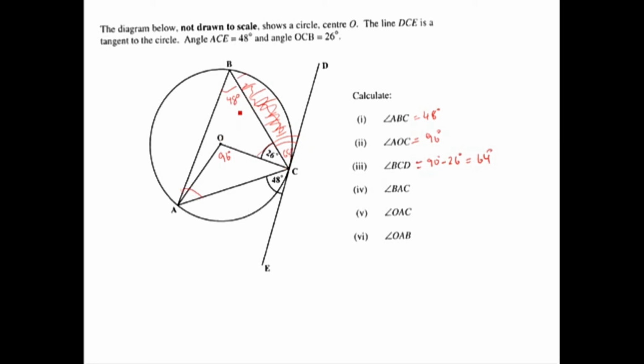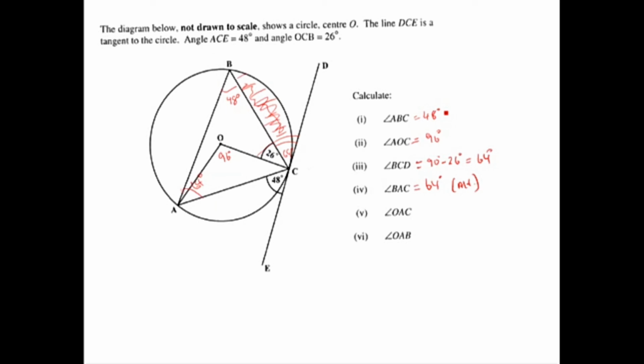So the angle that this chord subtends in the major segment is the same as this one in the minor segment. So angle BAC is 64 degrees. And of course, put the reason: alternate segment theorem.